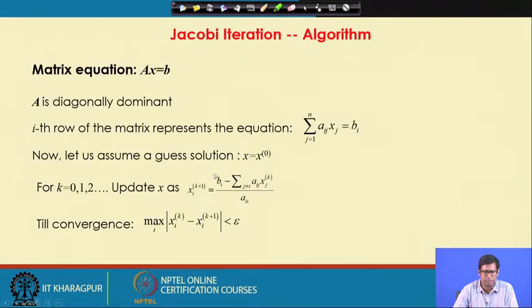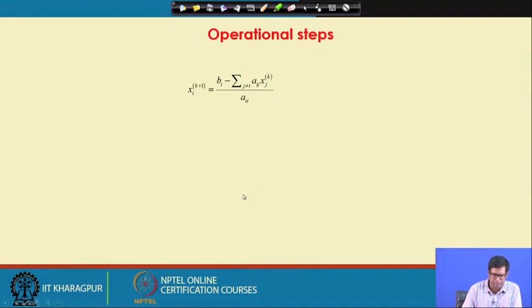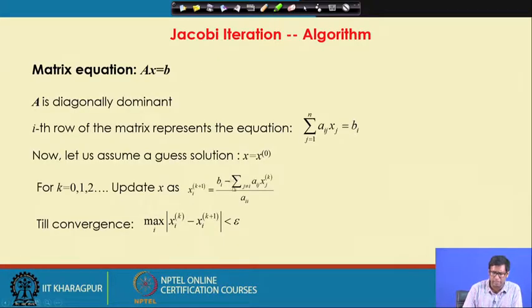We have to find out this summation: x_i^(k+1) will be b_i minus the sum of a_ij x_j for j not equal to i. So we will do these summations a_ij x_j up to the diagonal term.